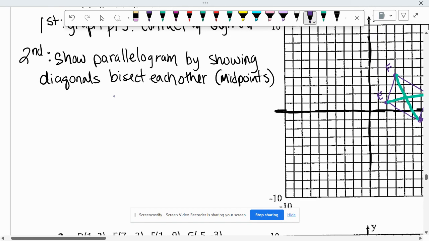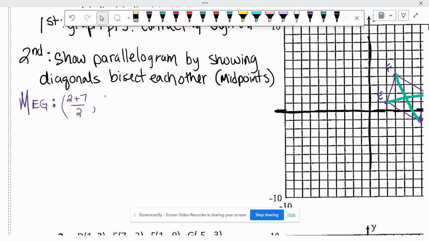So diagonal EG. Let's find the midpoint of diagonal EG. So I'm just going to add the x coordinates of E and G. So 2 plus 7 divided by 2. And I'm going to add the y coordinates of E and G. 1 plus 2 divided by 2.